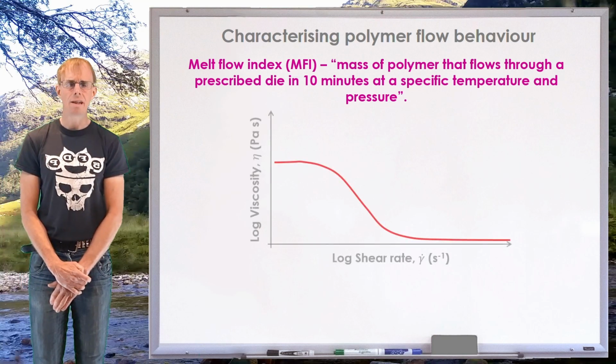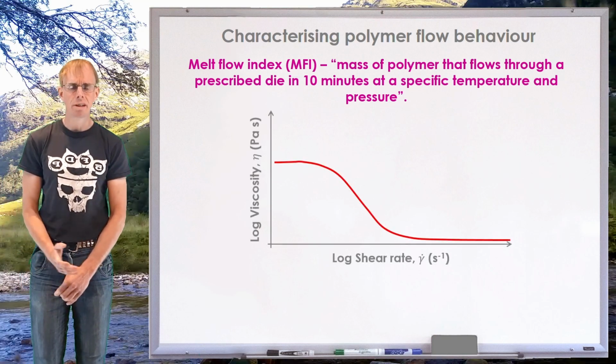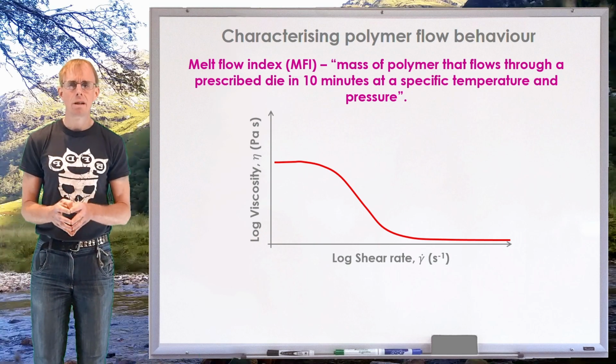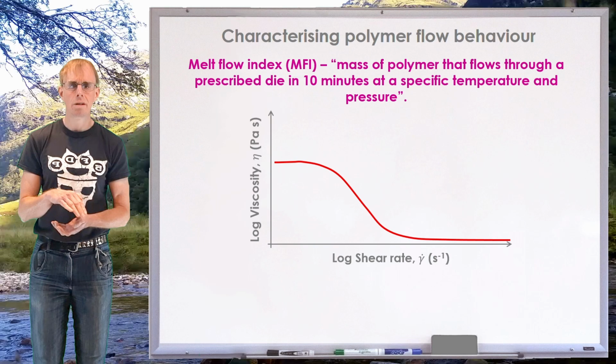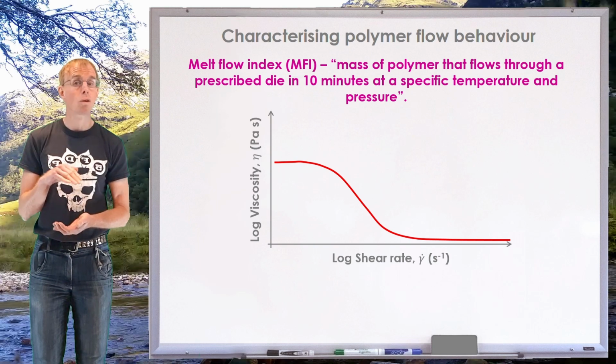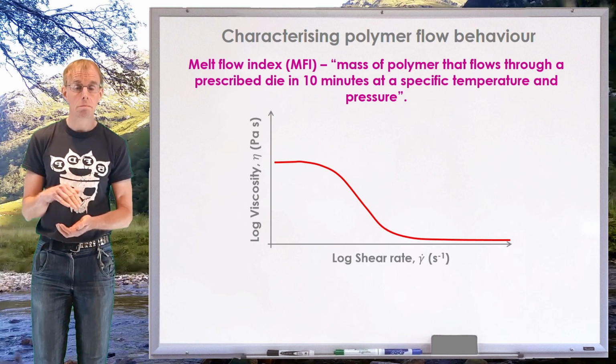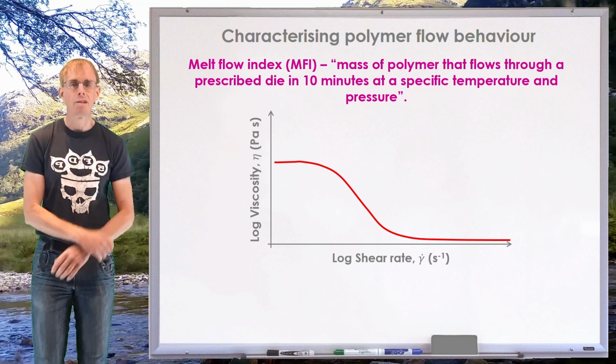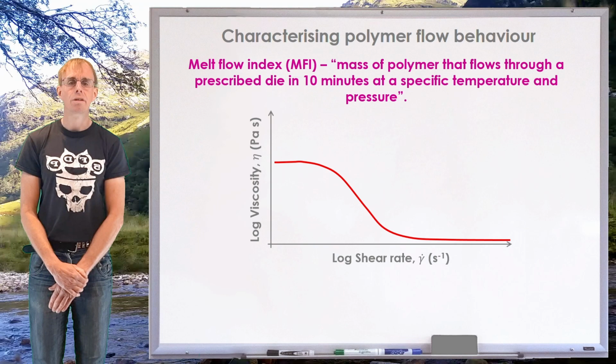What we're doing here is flowing a polymer through a die in a given time and collecting that mass. So we are effectively putting a certain pressure on a polymer to generate a volumetric flow rate, and then that volumetric flow rate derives a flow, and we measure the mass of material that has been subject to that flow.